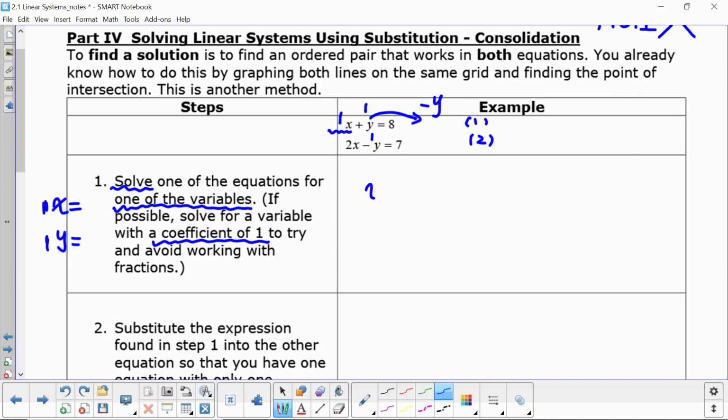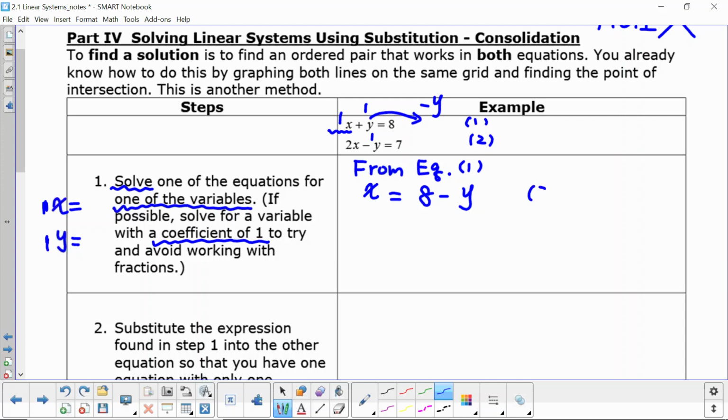Then the left side, from equation 1, x equals, we move the y to the other side, you have 8 minus y.